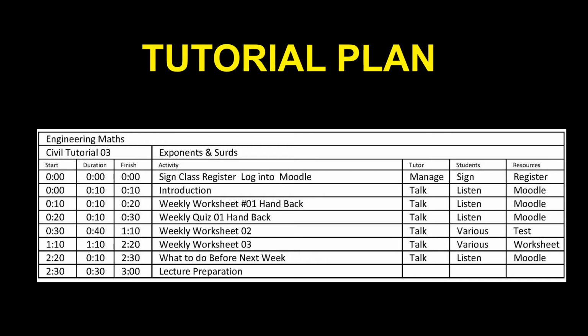The proposal for today is to come in, sign the class register, and have a bit of an introduction. Then we're going to hand back weekly worksheet 1 and weekly quiz 1 together and have a look at those and see what lessons can be learnt.